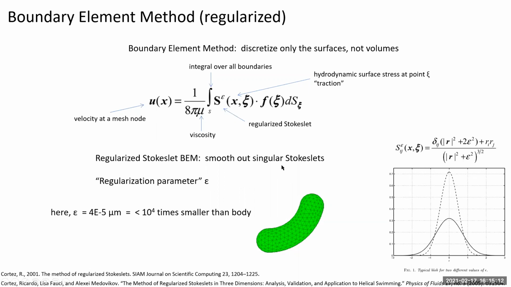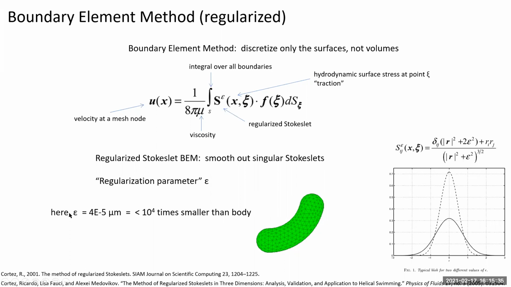You can smooth out this annoying singular behavior, and you get this sort of blob-shaped function instead. So a regularized version of S, and it has some regularization parameter epsilon. And as epsilon goes to 0, you recover the original boundary element method. But if you have a finite epsilon, it just makes your integrals much easier to do numerically.